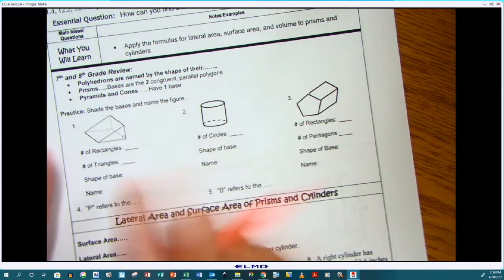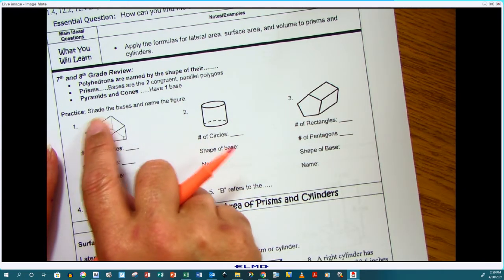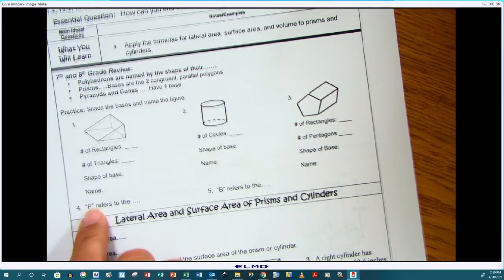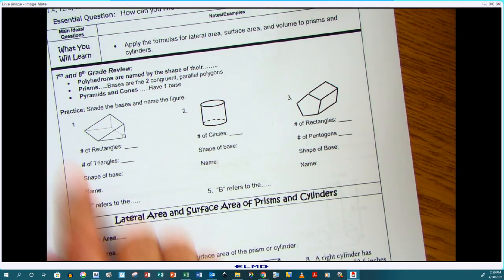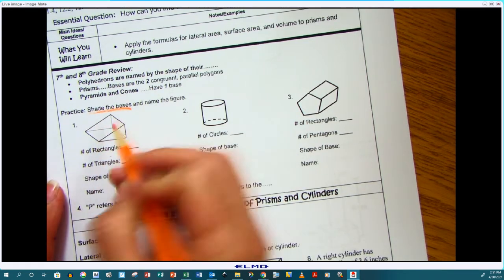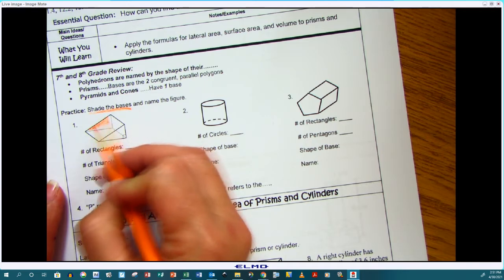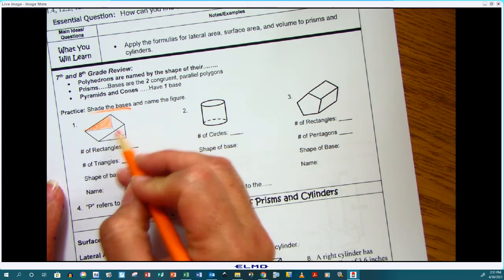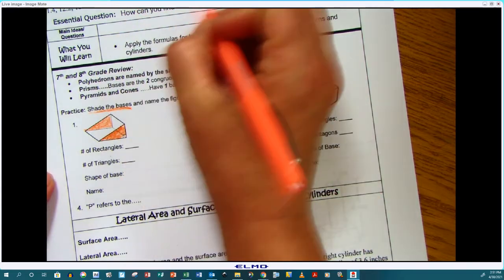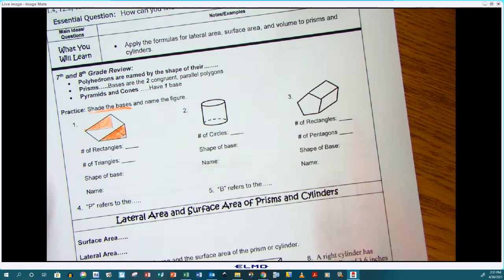Okay. So we are going to shade the bases and name the figure. So first thing that it says is the number of rectangles. So first we need to shade the base. Well, there are exactly 2 triangles. So that is going to be my base, because by definition, a prism, because that's what we're doing today, is prisms and cylinders.